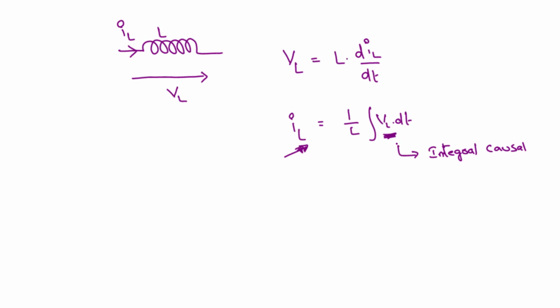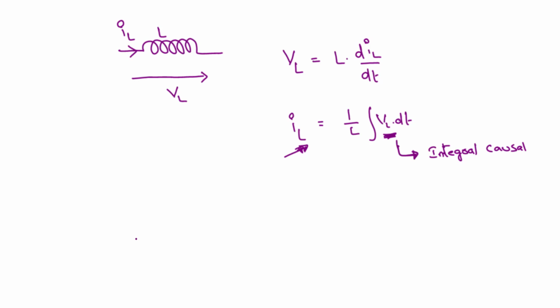That is the reason we call it integral causality. What is the cause? That is our aim. Whenever the current is flowing, then the voltage is developing. So current is the source, voltage is the effect, a source-effect relation, or current is the cause and voltage is the resultant of that. That is called integral causality.